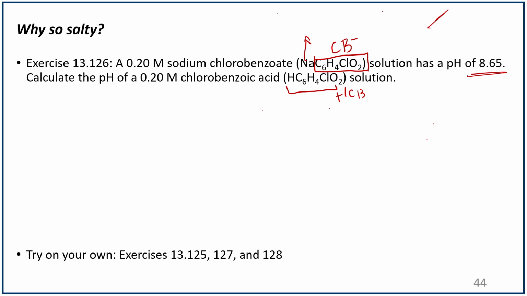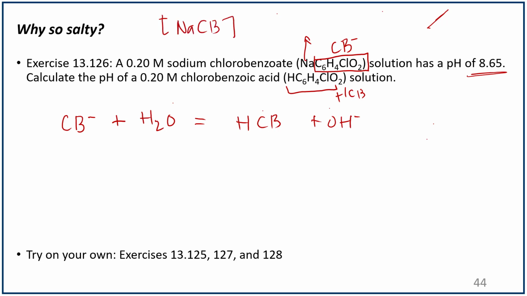So if we write an equilibrium expression for this, we will have chlorobenzoate ion, plus water, giving you chlorobenzoic acid plus hydroxide. I'm not writing the phases here to save some time. The concentration of sodium chlorobenzoate gives you the concentration of the chlorobenzoate ion.